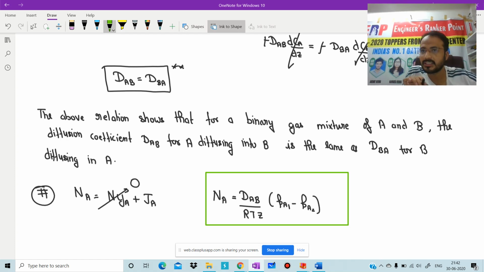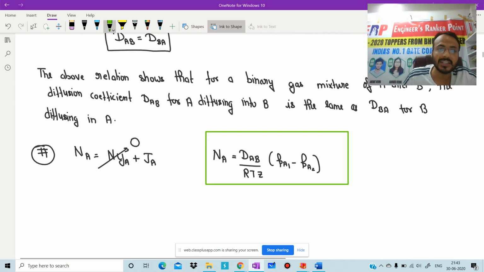That's why it's my suggestion that whatever I tell you to remember or to mug up, please mug up that. Otherwise, you will face problems, because in mass transfer, solving a question is one thing, memorizing a formula is another, and application is totally different. So take care of all these things properly. Yes or no? Is it clear?